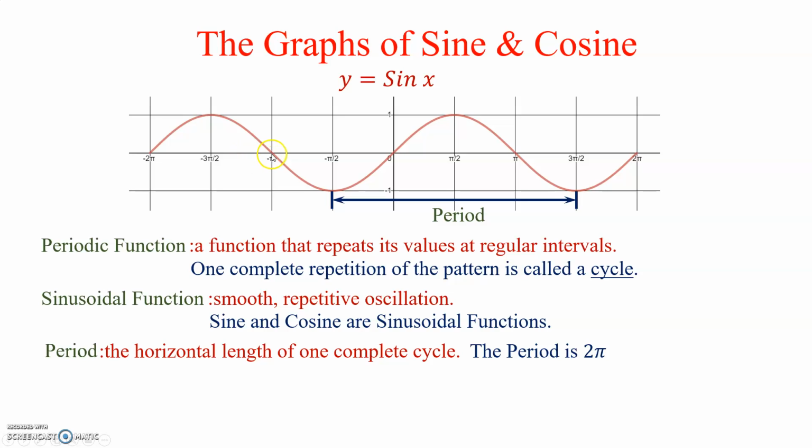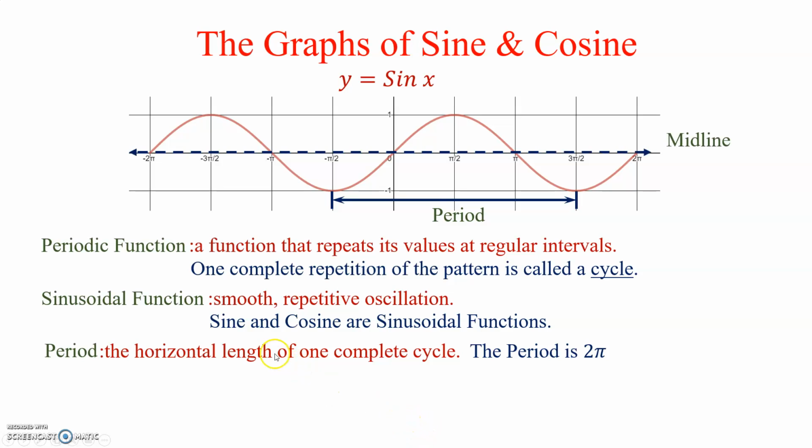The distance between -pi and +pi is 2 pi. Similarly, if I started at -2 pi, I would have to go all the way to 0 before it starts to repeat. The distance between -2 pi and 0 is 2 pi. So again, period is simply how far you have to go before it starts to repeat.